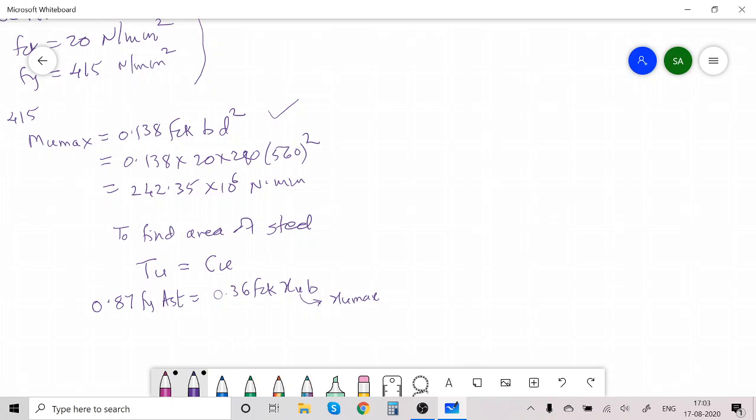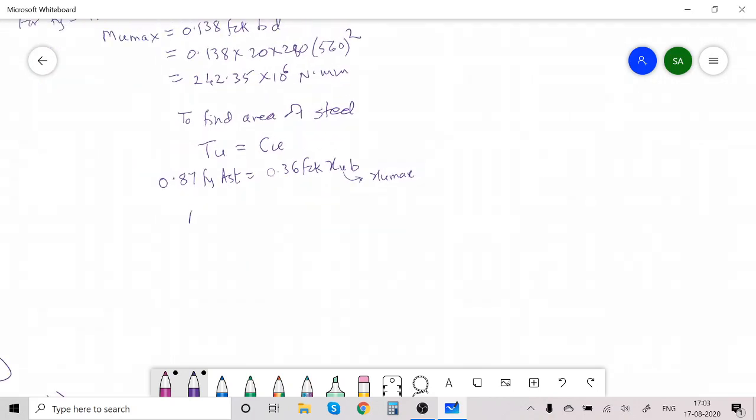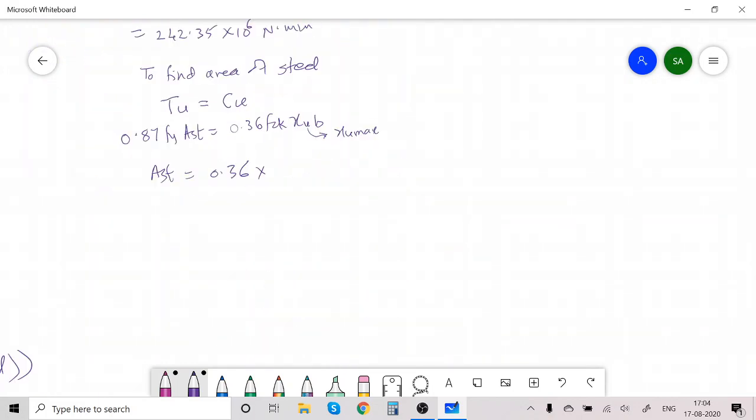So Ast is equal to 0.36 fck, with concrete grade 20, into Xu max, that is 0.48 d, into b, divided by 0.87 fy.